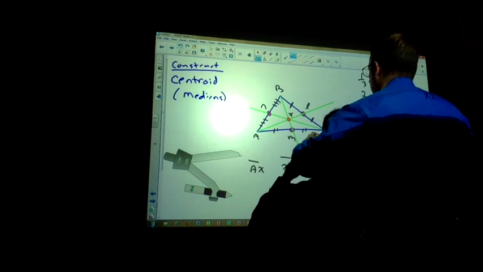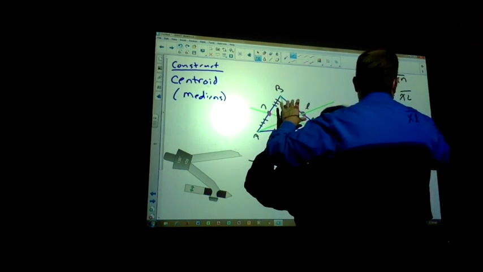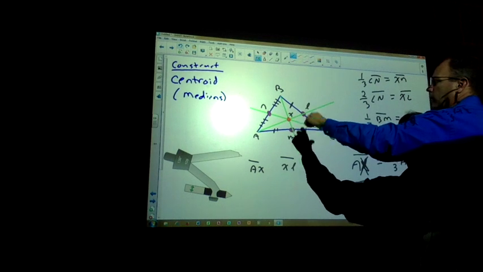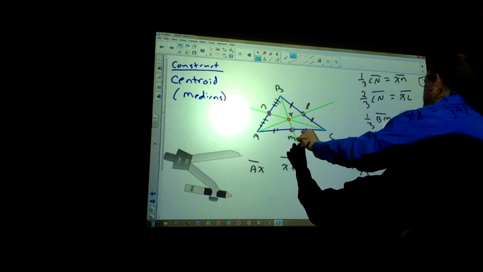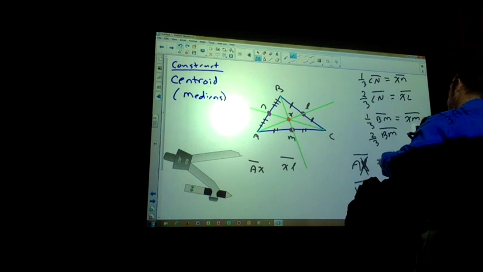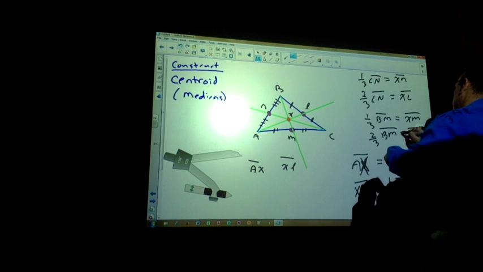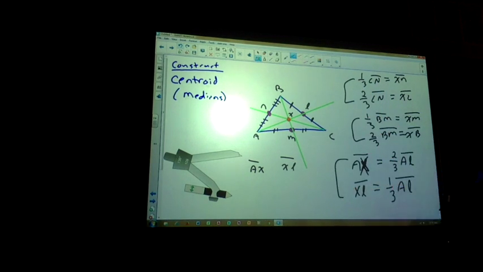And then what was the other one? BM. What is 1/3 of BM? XM. And then 2/3 of BM? XB. So those are the relationships between the sides.